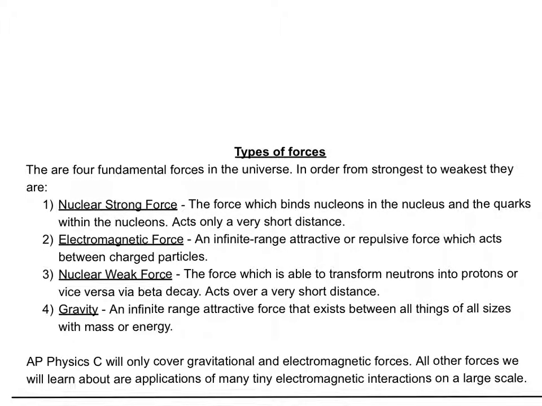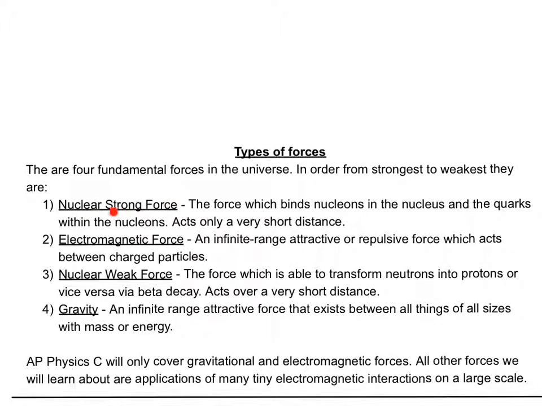Then we have the electromagnetic force. It's a combination of electric and magnetic. Really, they're just 2 sides of the same coin. This force works over an infinite distance. It gets smaller the farther you go out. And in a sense, the nuclear strong force gets smaller as you go out as well.